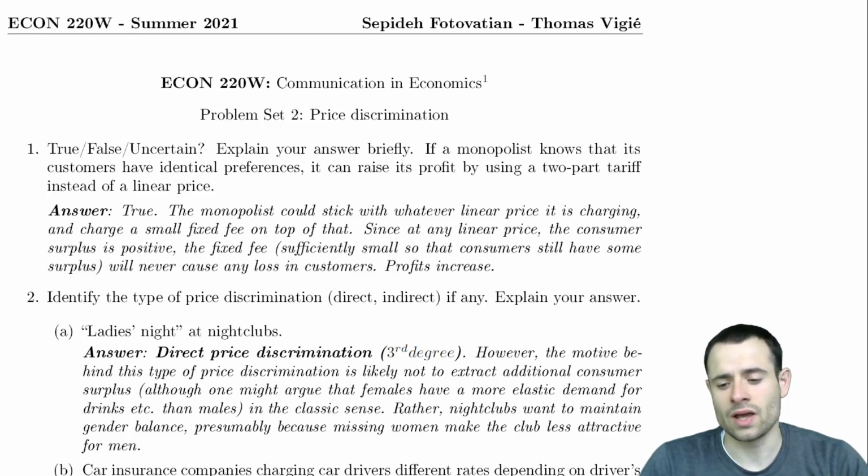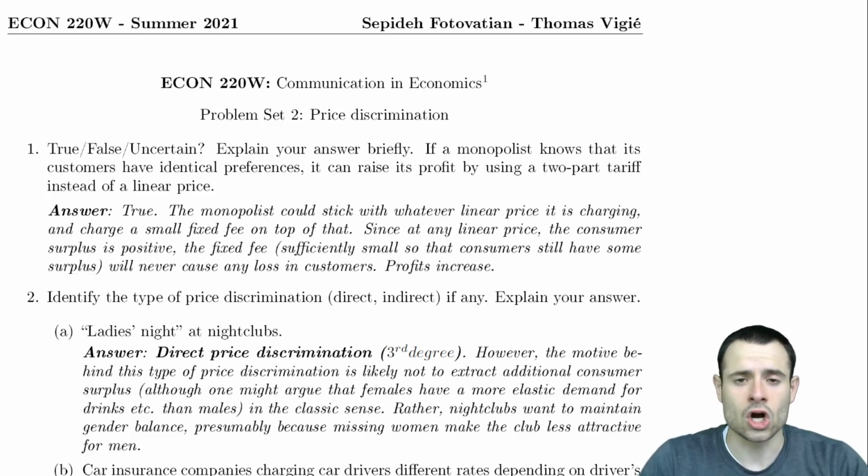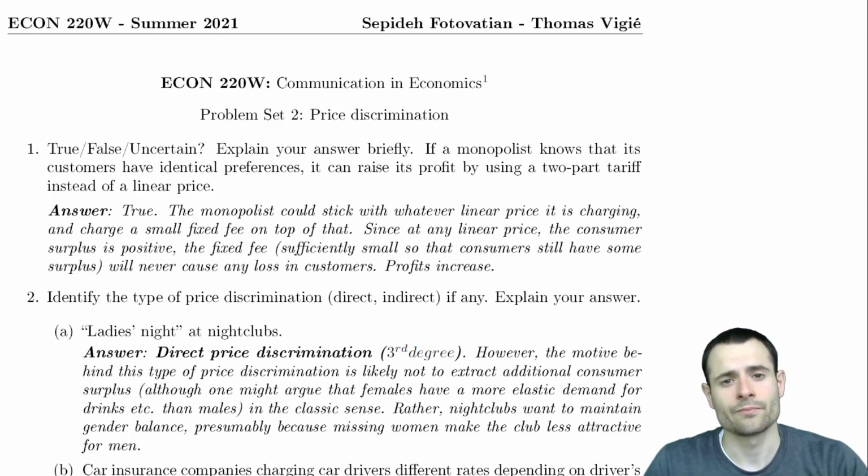We saw that in the case of first degree price discrimination, the monopolist is able to extract the full surplus from every consumer. Consumers could have a different willingness to pay, different preferences, or different demand function. The monopolist is able in this case to charge a different price to each.